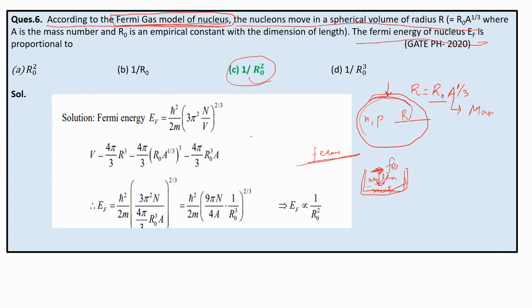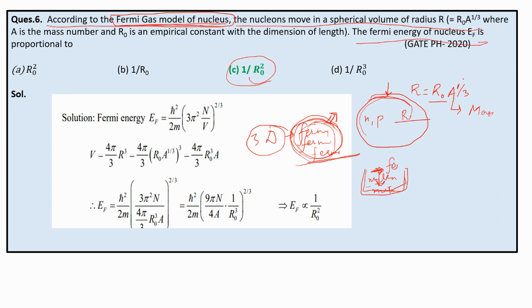This is the case of 3D, so in 3D we call it a Fermi sphere. This Fermi gas will form a Fermi sphere, and these fermions, neutrons and protons, are moving inside the Fermi sphere.